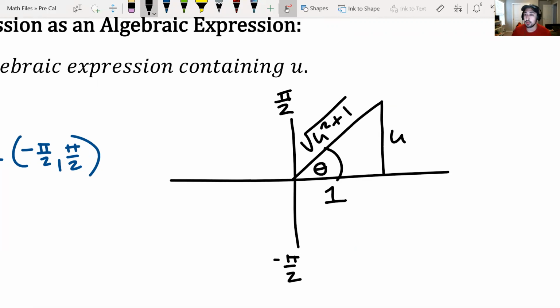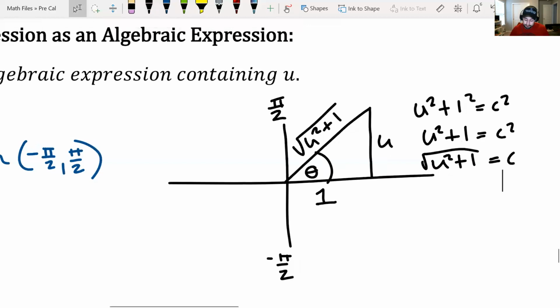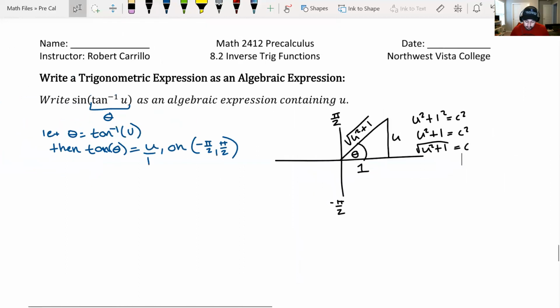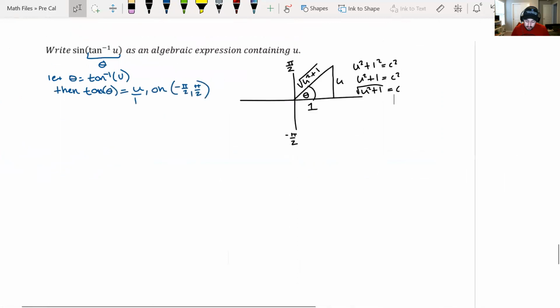This would be u squared plus 1 squared equals c squared, and you still get u squared plus 1 equals c squared, which would give you the square root of u squared plus 1 equal to c. So that's where that comes from. Okay, now we're almost there.